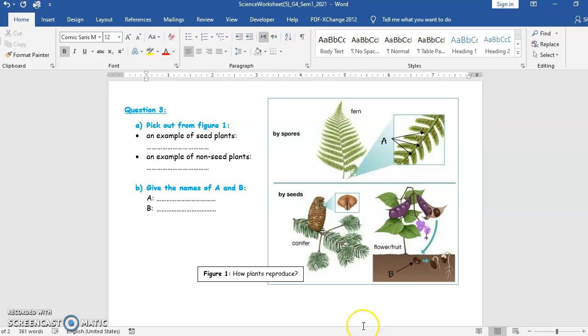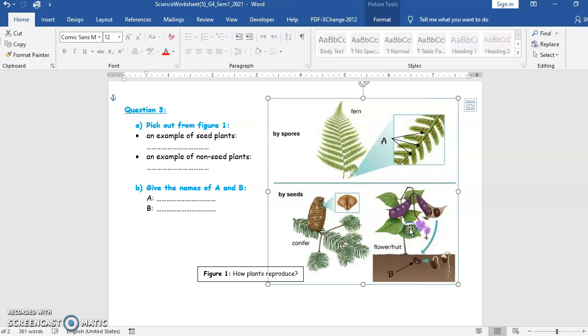Okay, last question in this worksheet, question number 3, showing figure 1. In this figure, we can see 3 plants. Okay, the fern plant, a conifer, and a fruit-bearing plant.